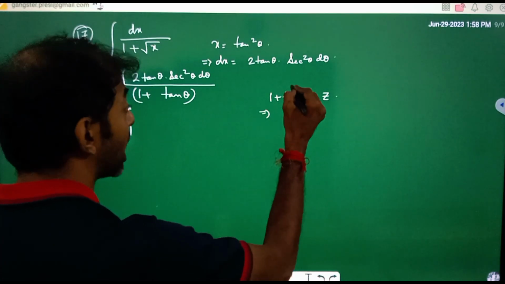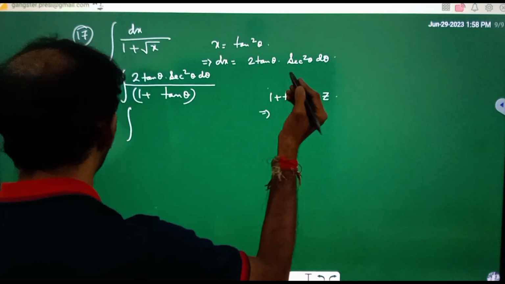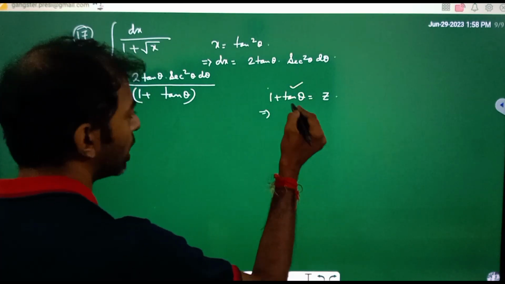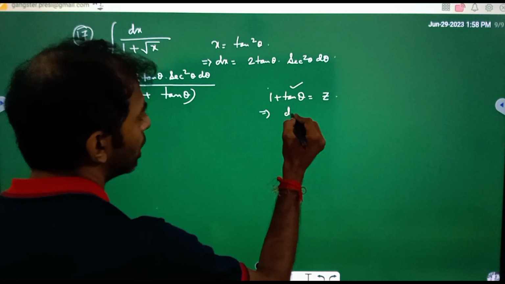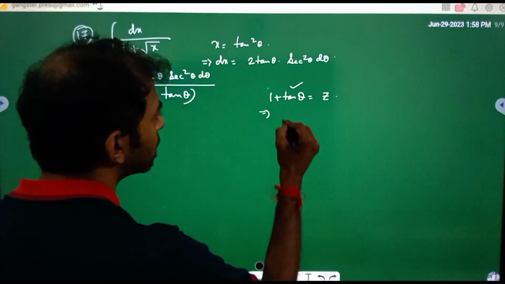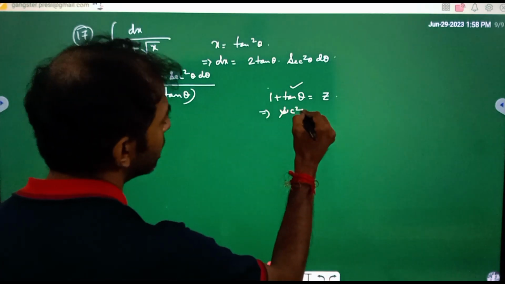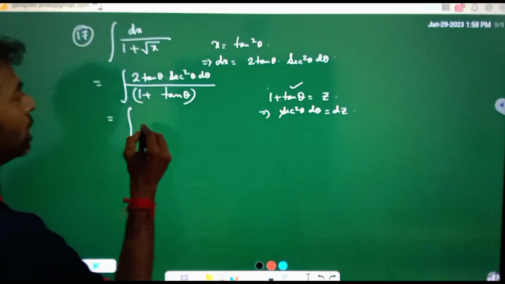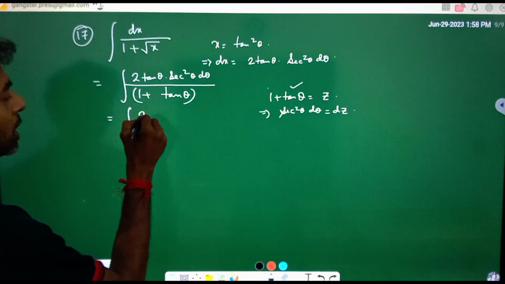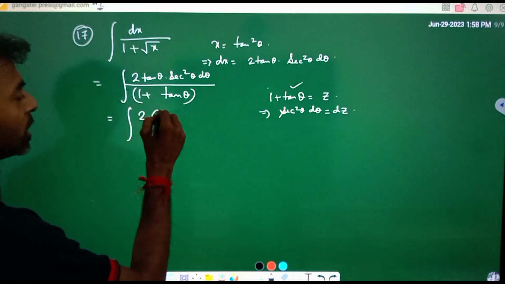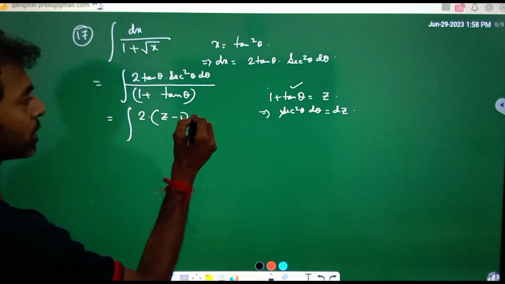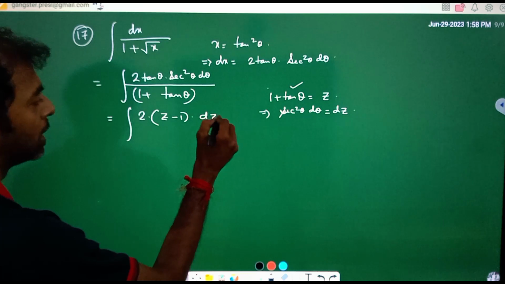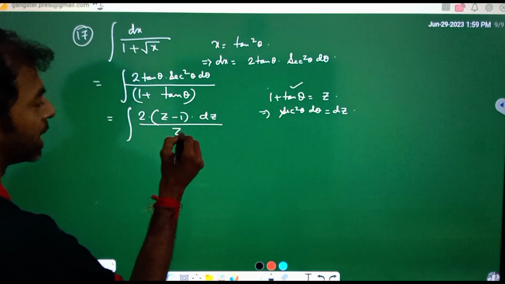Differentiation of 1 is always 0, and differentiation of tan theta will be sec square theta d theta, and that is dz. So tan theta equals z minus 1, sec square theta d theta will be dz, and 1 plus tan theta will be z.